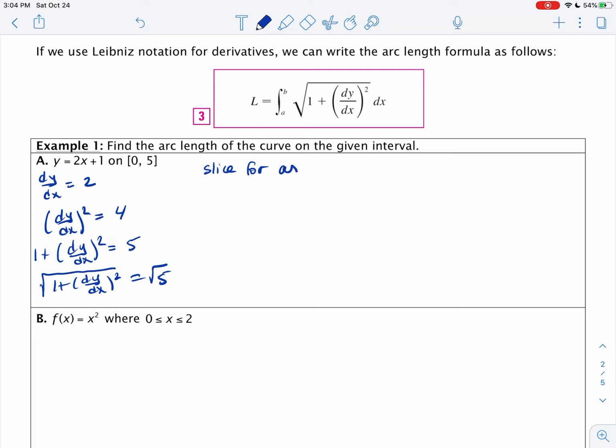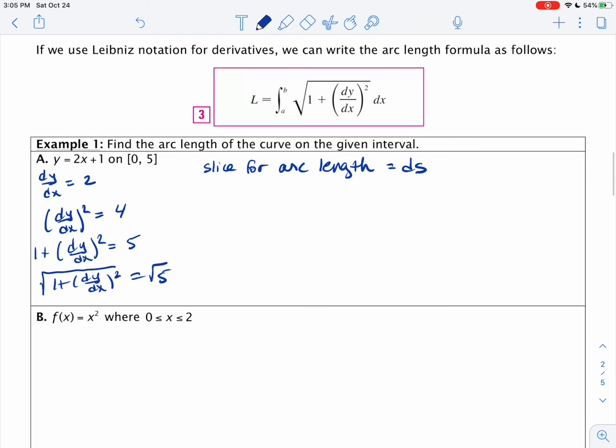I'll take the time now to say that usually when we are building the slice for arc length, that small delta x slice actually has a name, ds. It comes from the arc length of a circle, the arc that's trapped by a central angle.